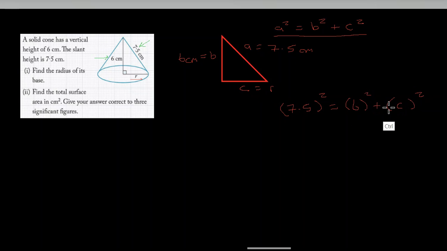So actually we might just change that and make it equal to r squared, and this is what we're trying to figure out. So we can work this one out.